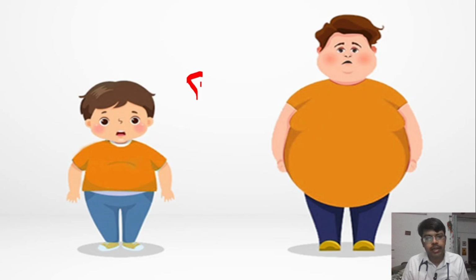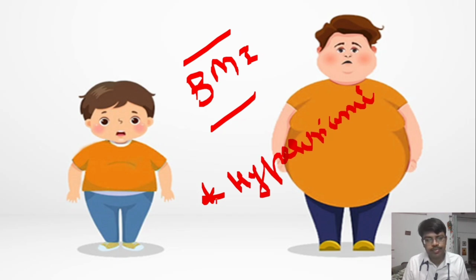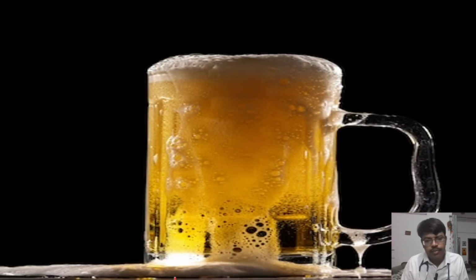A high BMI is one of the important risk factors for metabolic syndrome, and it also has an impact on blood uric acid, which leads to hyperuricemia. Even a drastic weight reduction will also result in a high uric acid level. So obesity is one important factor. And the next one, alcohol.